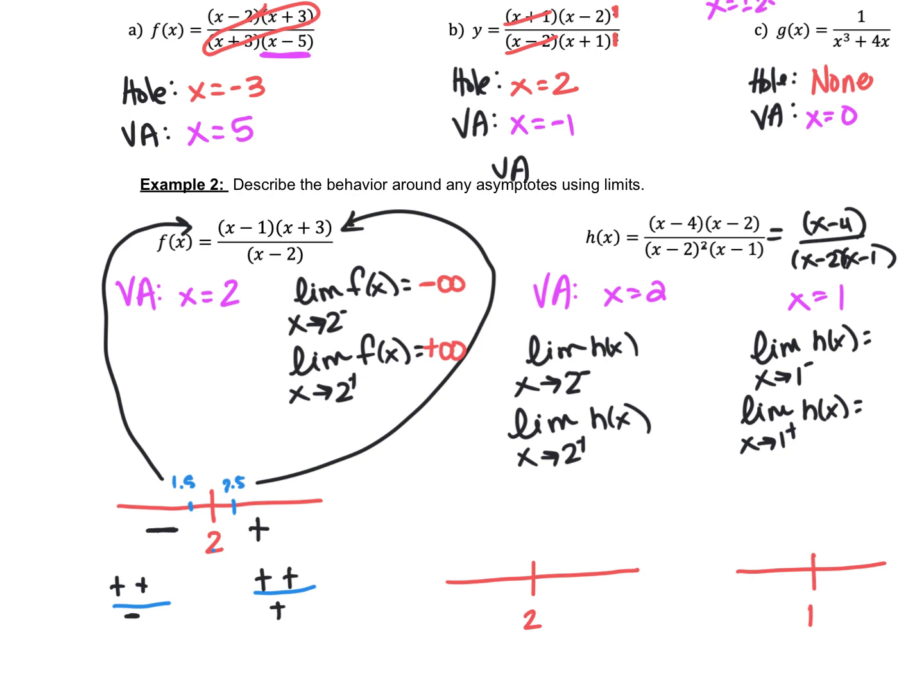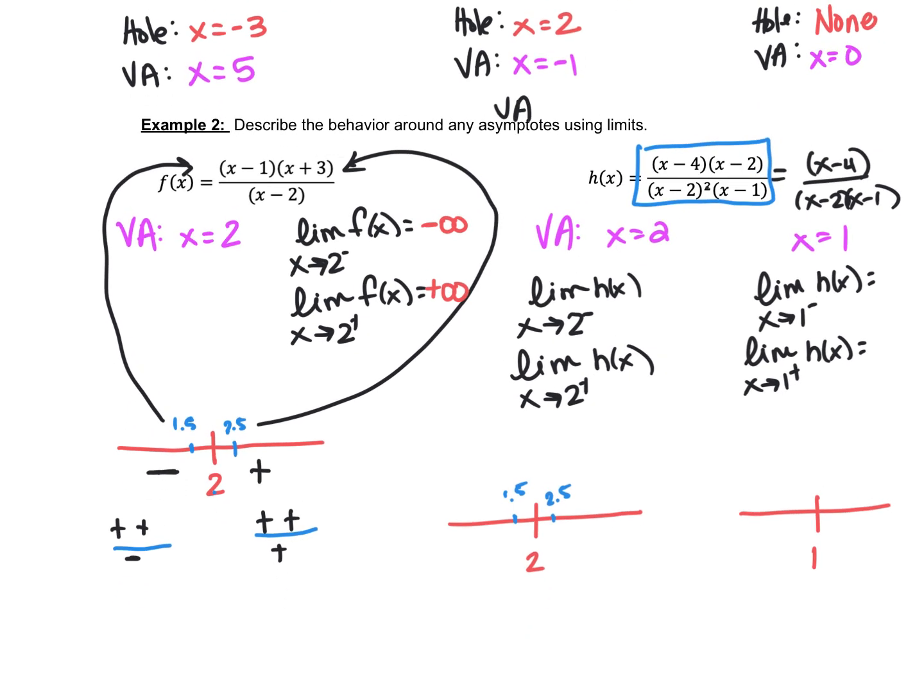Okay. All right, so again, we want to pick numbers that are close to what we're looking at, okay? So if I choose 1.5 and 2.5, always plug back into your original, okay? Not from where you simplified, but into your original.